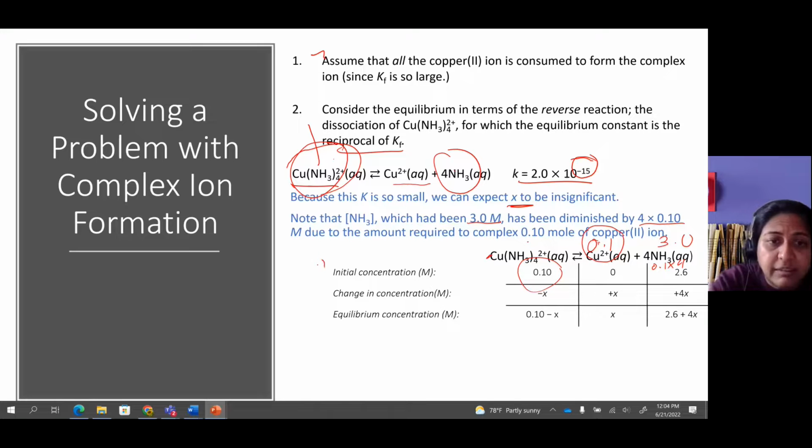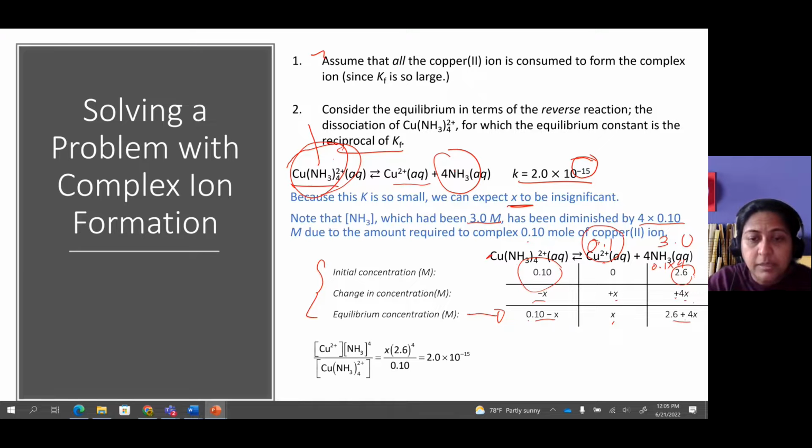So then we construct the ICE table, with minus x and plus 4x for the change in concentration, and the equilibrium concentrations will be 0.010 minus x for the complex, x for copper 2 plus, and ammonia will be 2.6 plus 4 times x.